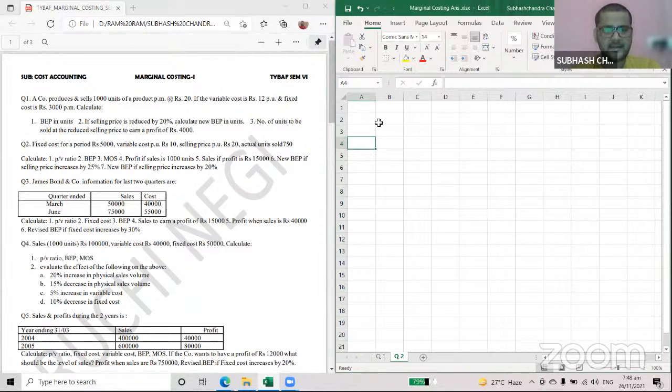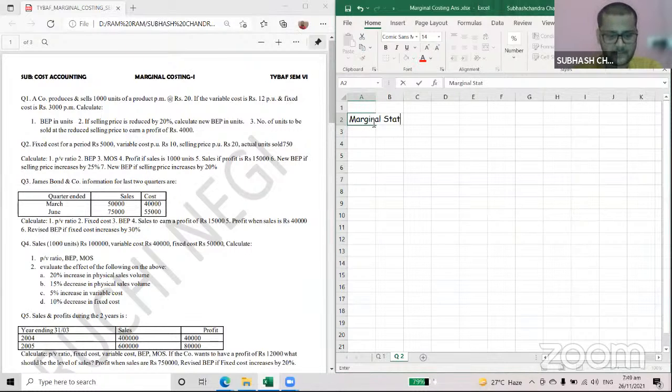Now see, as I told you, before I start with any question, first of all I will prepare the marginal statement, and my marginal statement will be here only.